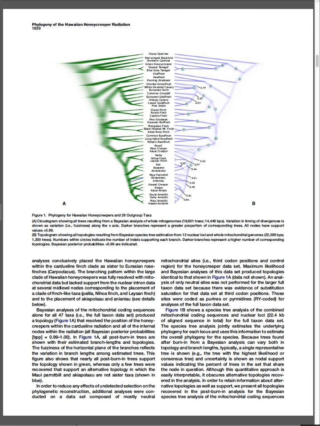So where the lines are fuzzy, that means that we don't know, for instance, if this right here is where this divergence happened or if it's slightly further back in time, right? So it's this horizontal axis that all that variation really is in. The only topological difference is shown right here with this blue line, and that is: is Akiapolaau sister to Maui parrotbill, or does Maui parrotbill diverge and then Akiapolaau?